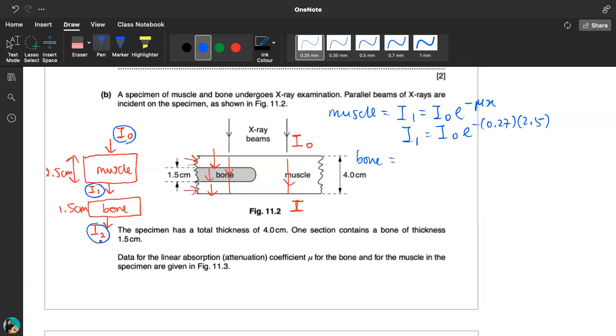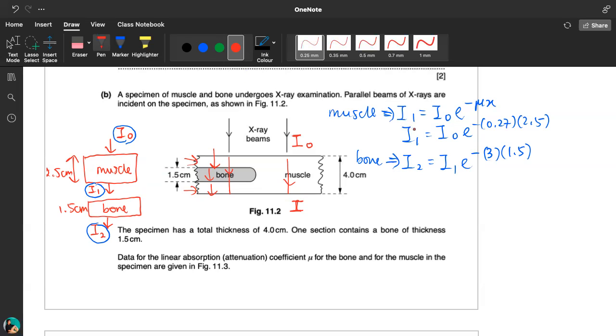I2, the one emerging, over the incident on the bone. The incident on the bone is I1, so I2 equals I1 e to the minus mu x. What's the mu of the bone? Mu is 3 and the thickness is 1.5.